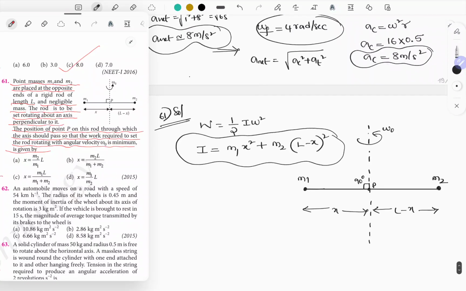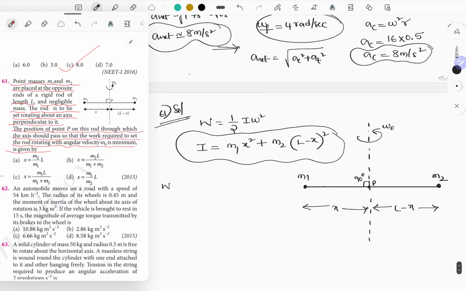Let me substitute that moment of inertia into the work done formula. W is equal to 1 by 2 into m1 x square plus m2 into L minus x whole square, into omega naught square.